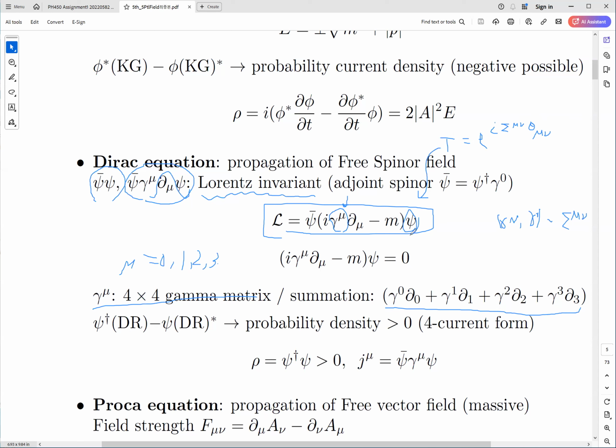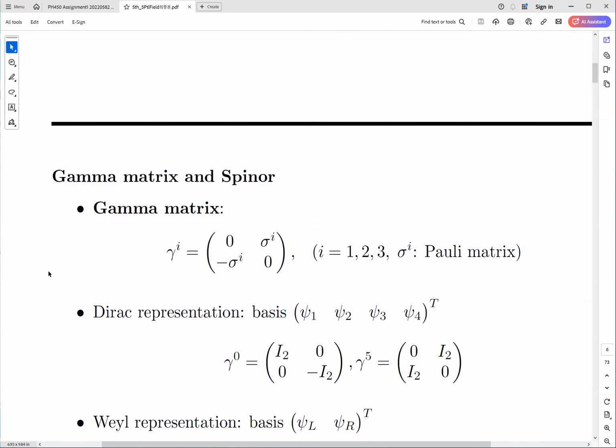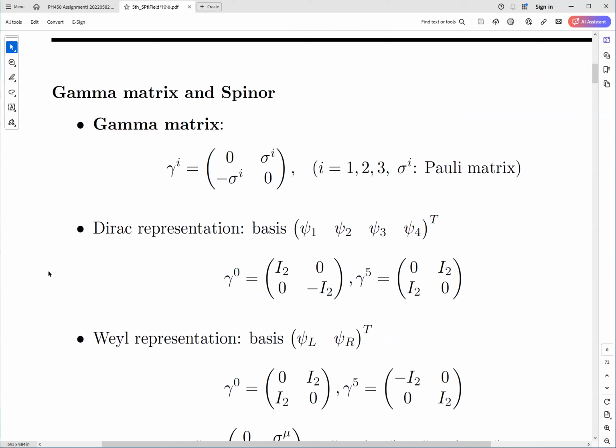Such a spinor field is transformed by these transformations, and some properties of the gamma matrix make this quantity Lorentz invariant, and that exact derivation will be discussed in another video. So today we'll focus on the gamma matrix.